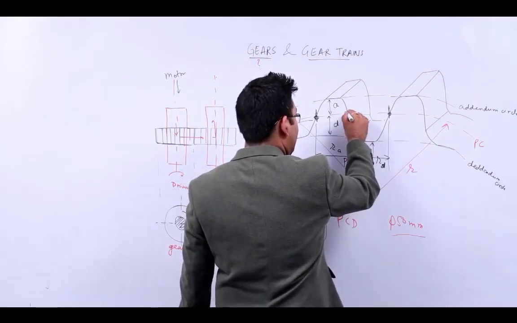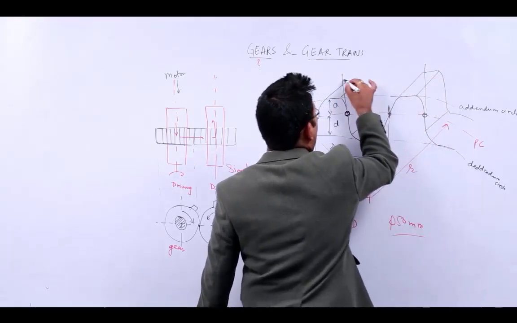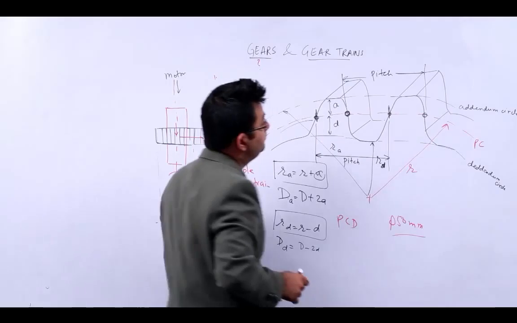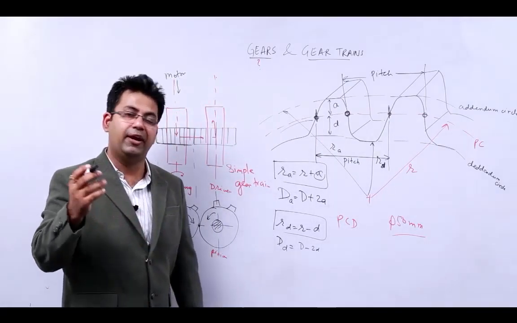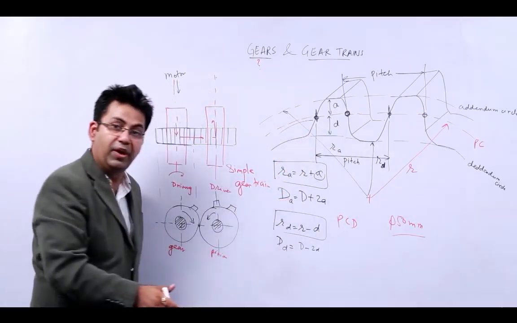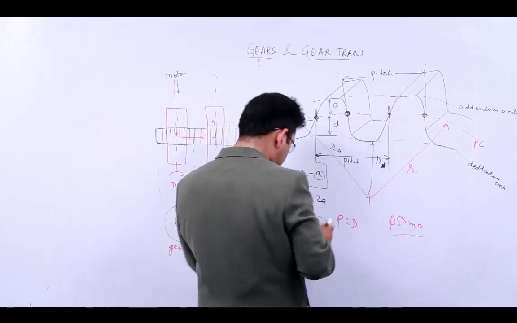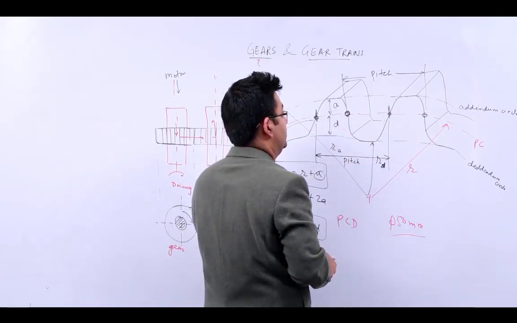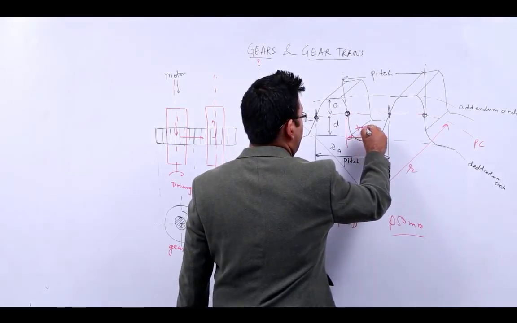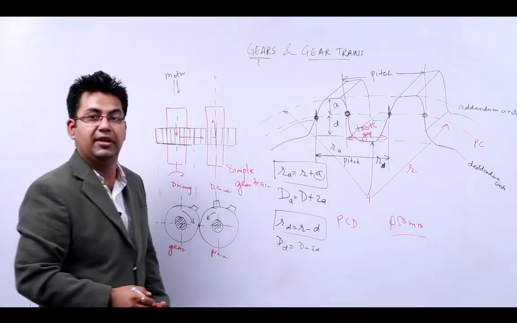Similarly, the distance between this point and this point will also be called pitch. So now we have defined pitch: the distance between same points on consecutive teeth. And the distance between these two points is known as the tooth gap.